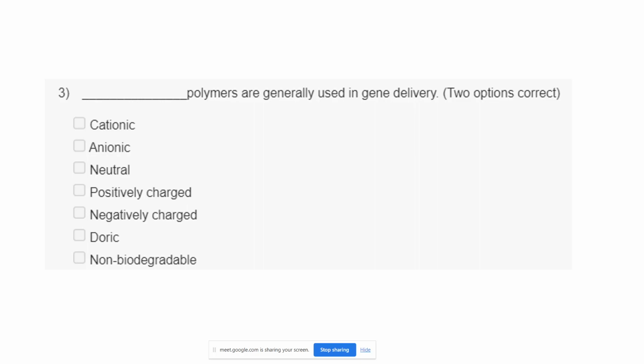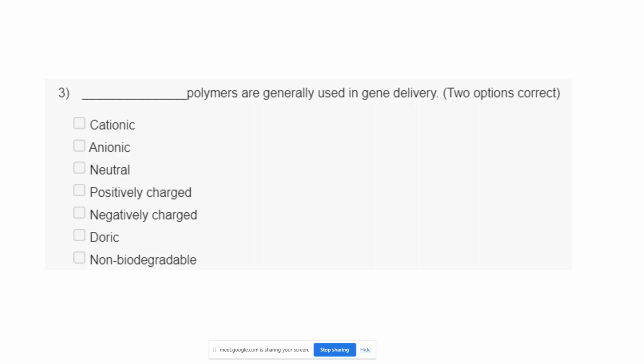Okay. Third question: dash polymers are generally used in gene delivery. You have to select two correct options. These are the options. Let me know what you think the answer is. Cationic and positively charged.